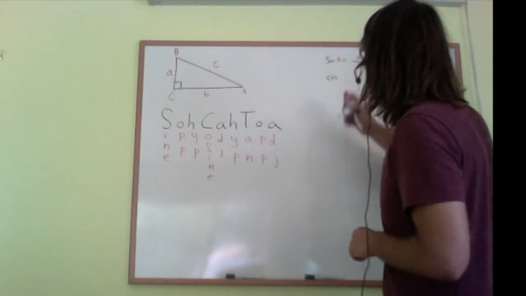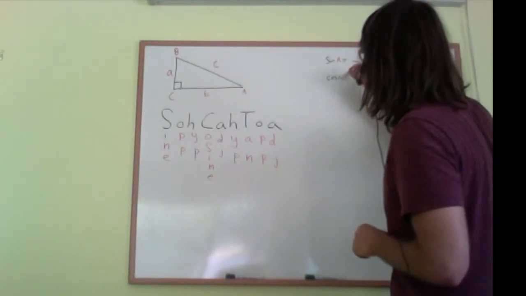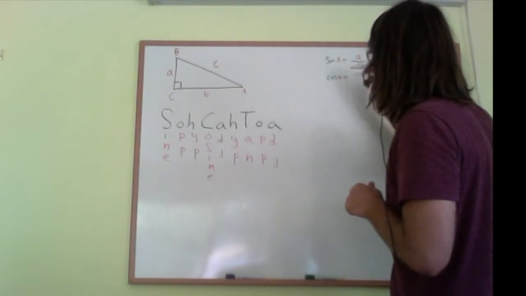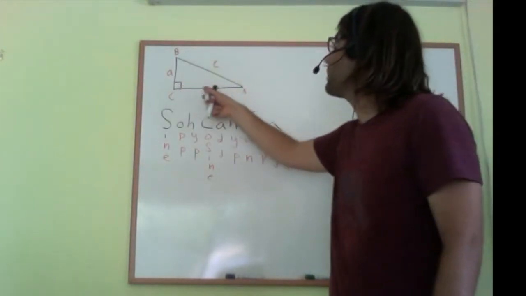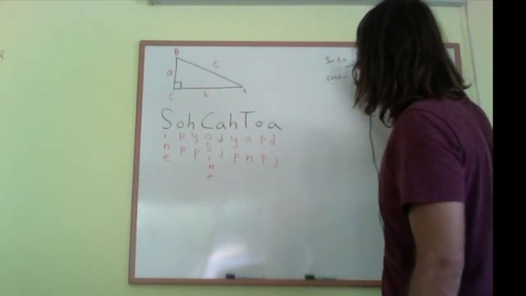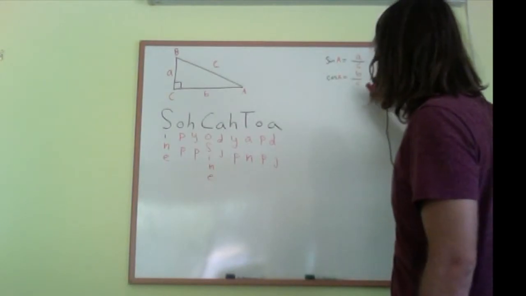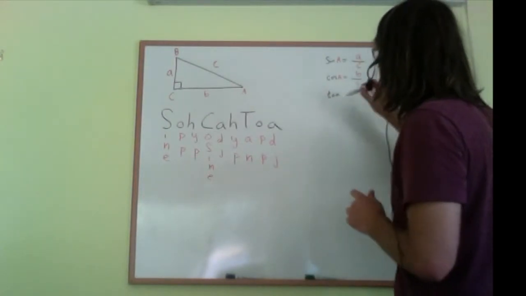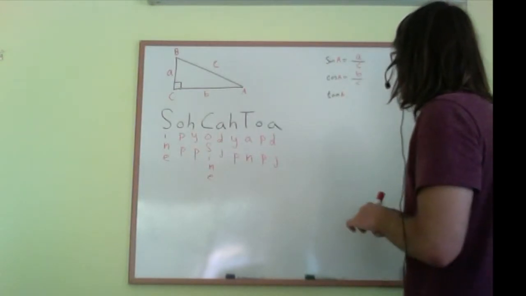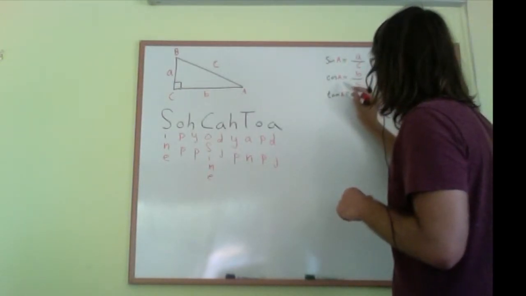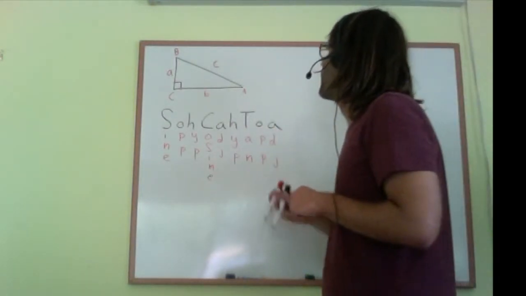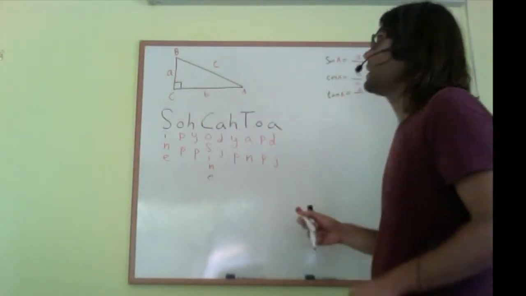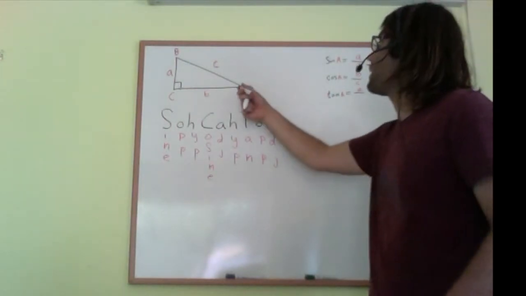Cosine of big A is equal to the adjacent to big A, which is B, over C. And then tangent of big A is equal to opposite of big A, which is little a, over adjacent to big A, which is B.